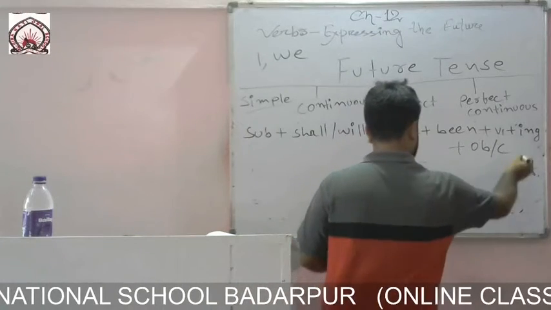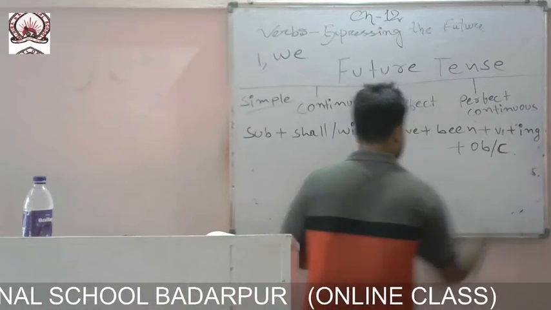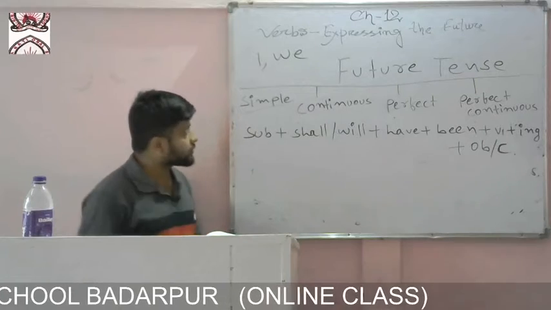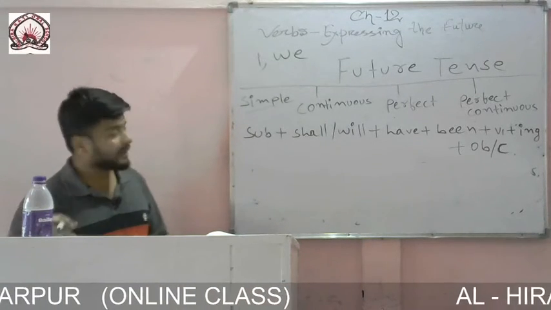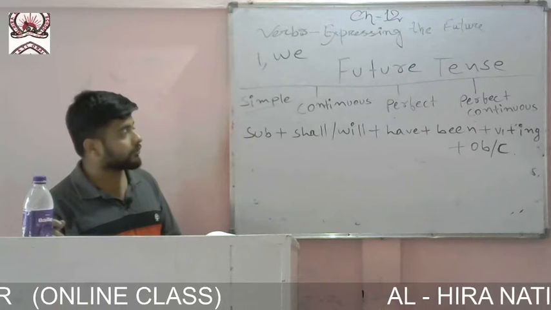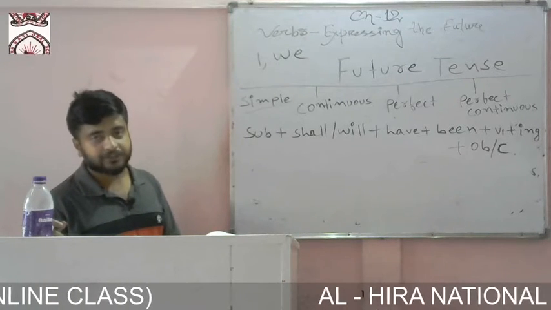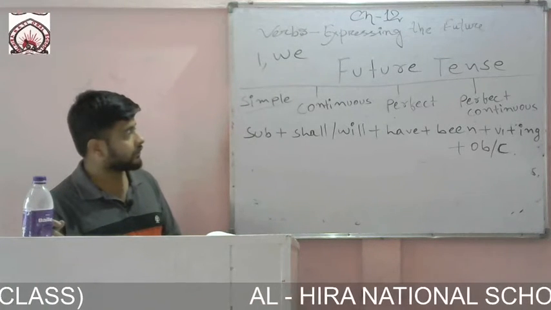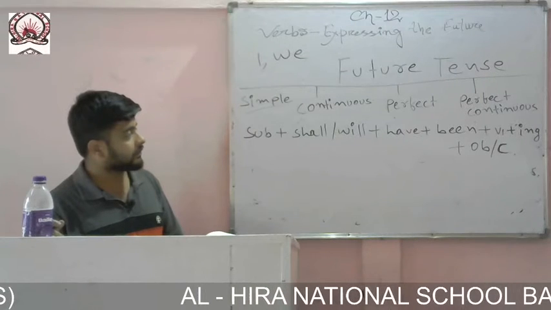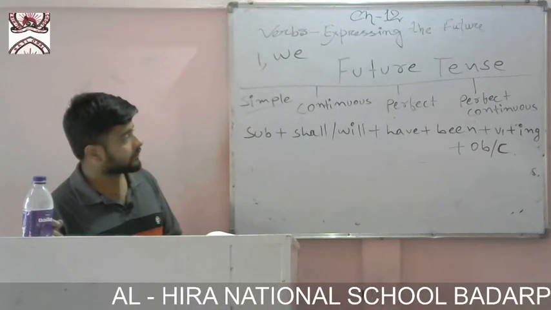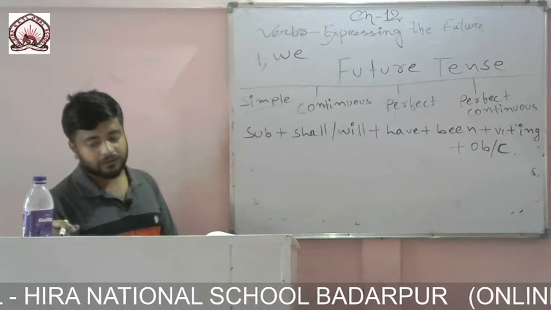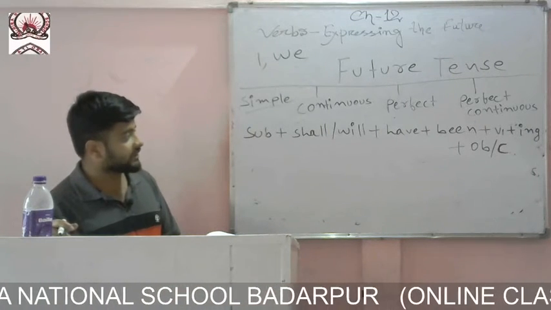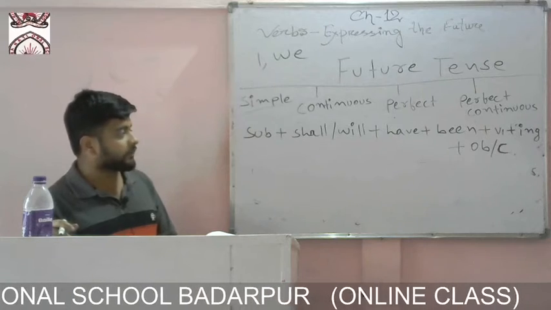So the formation is, at first there will be a subject, then shall or will, then after shall or will we have to write have, then been, then verb 1 plus ing, then object or complement. Let me write an example.